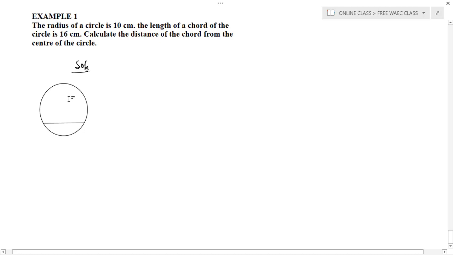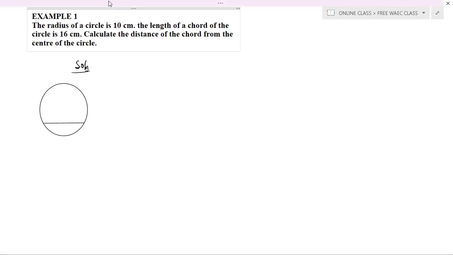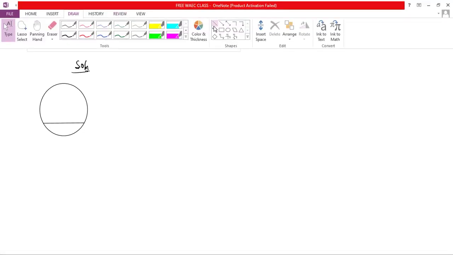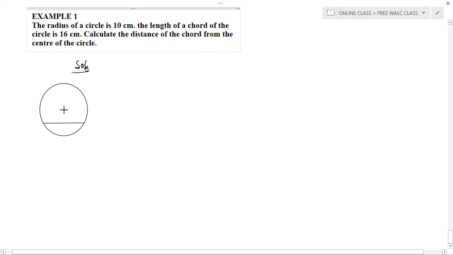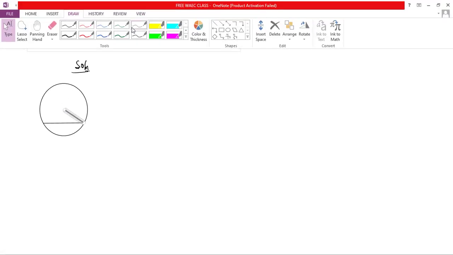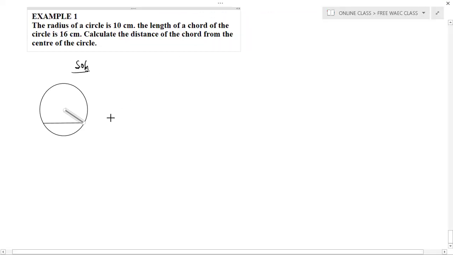Now we're told again that it has a radius of 10 centimeters. So if here is the center, we have the radius here to be 10 centimeters. Then we need to draw also from the center to the chord.